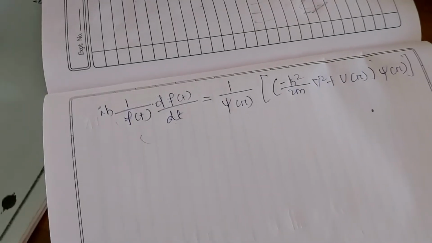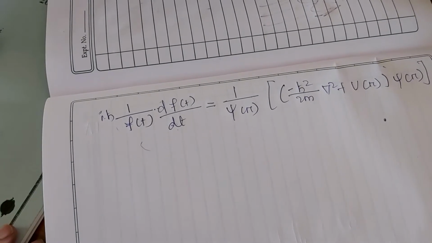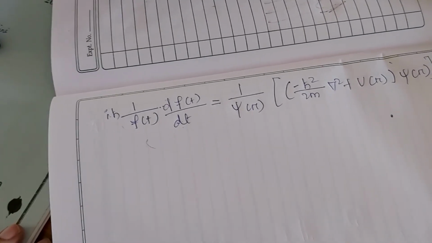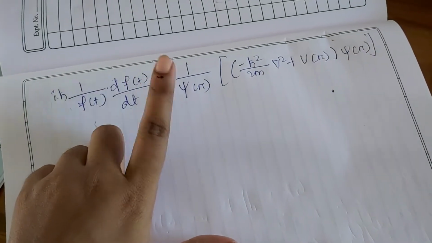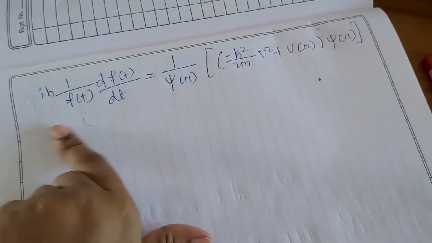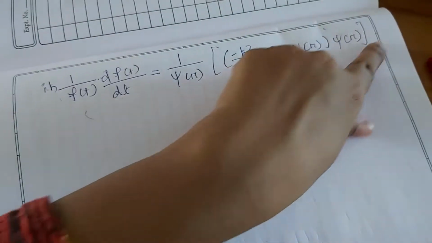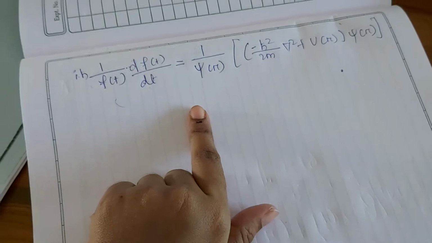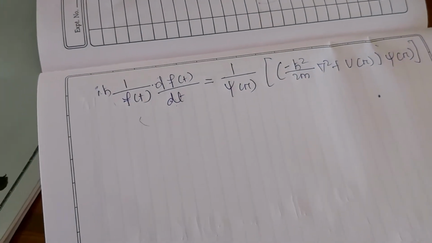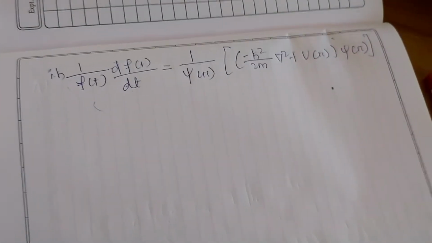So each side must be equal to a constant which is independent of both r and t. We can equate the left hand side to a constant and the right hand side to a constant, and this is known as our separation constant.